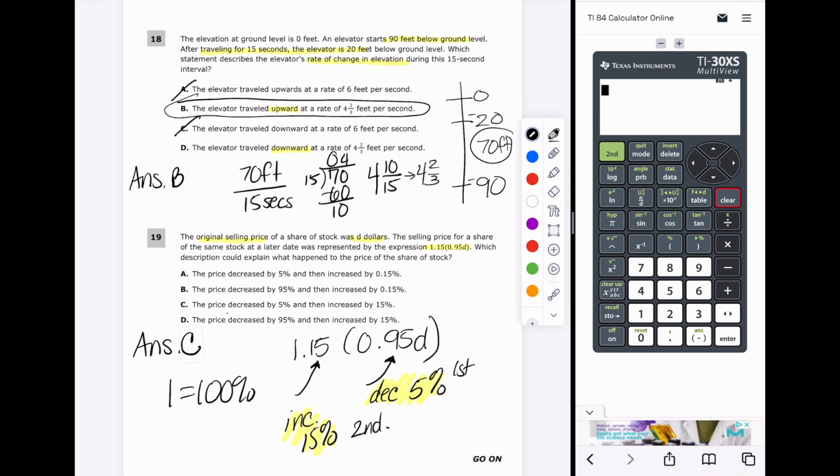So we said the first thing that happens is decrease 5%. So I could automatically get rid of B and D. The second thing that happens is it increased 15%, and that's C. Here it says it's decreasing by 0.15%, which is less than 1%. And that makes all the difference in the world. All right, hit pause and jot this down into your notes.